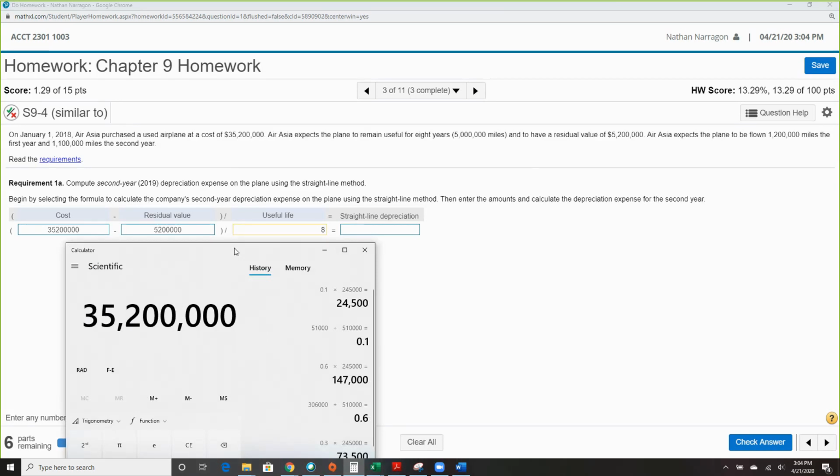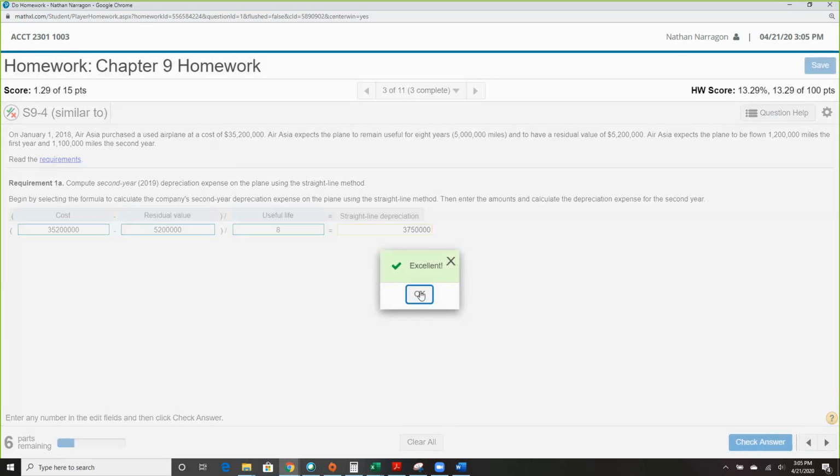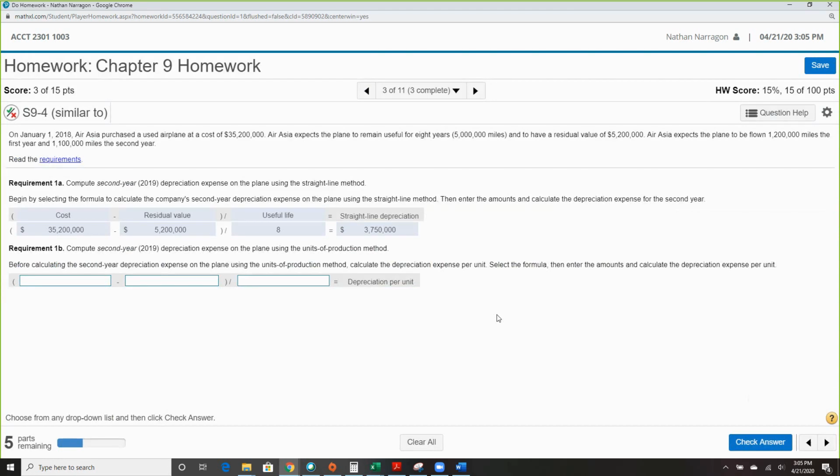Minus 5,200,000. Okay. So we got 30 million right there. Divided by 8 years. 3,750,000. So again, all we're doing is doing the formula and then actually figuring out the line.